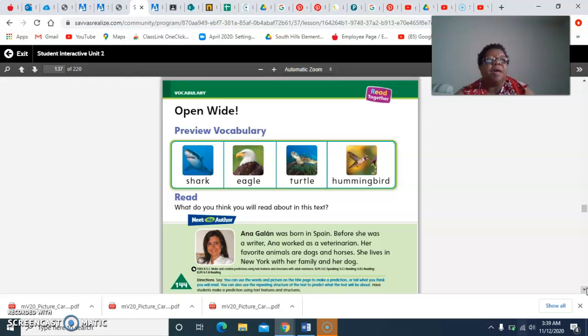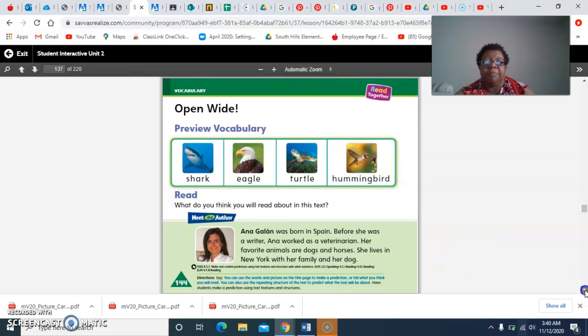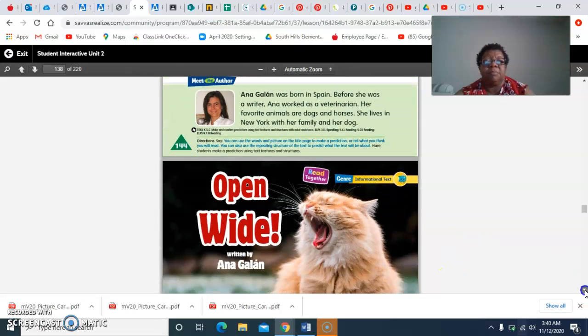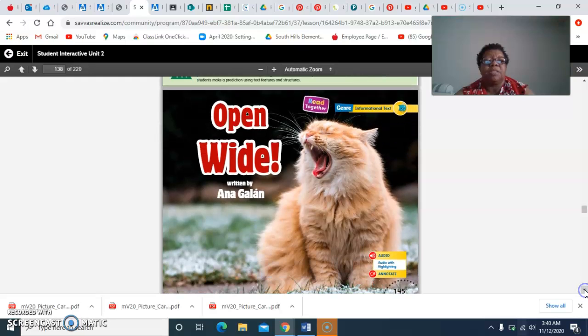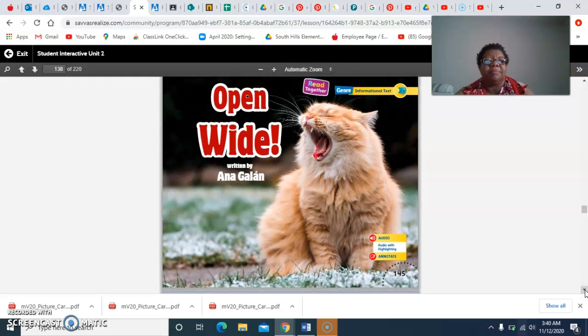Our story this week is called Open Wide, and here's a preview of our vocabulary. We have shark, eagle, turtle, hummingbird. And then this is the writer for the story, and it's called Open Wide. You can look at the pictures and make predictions.